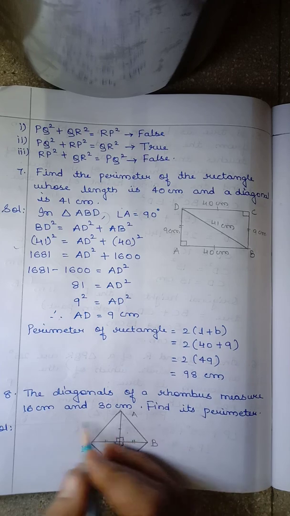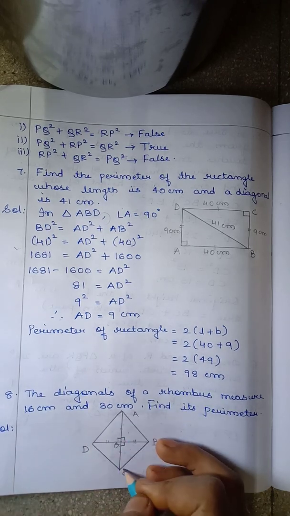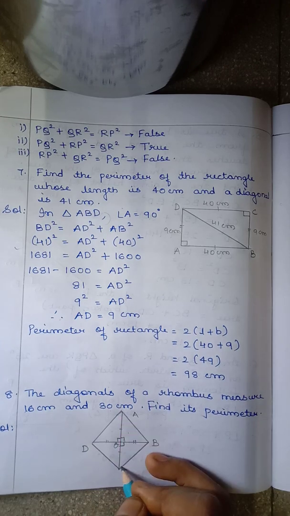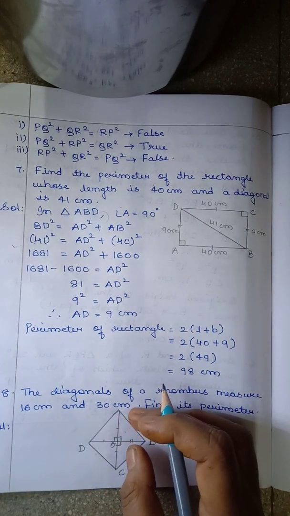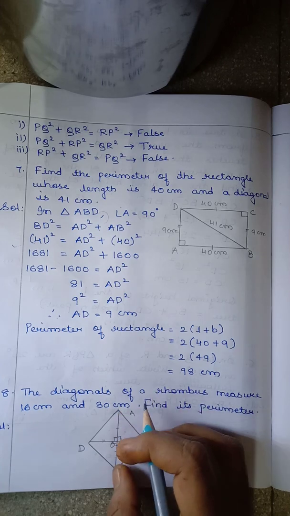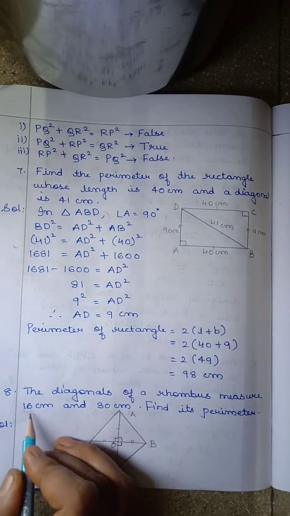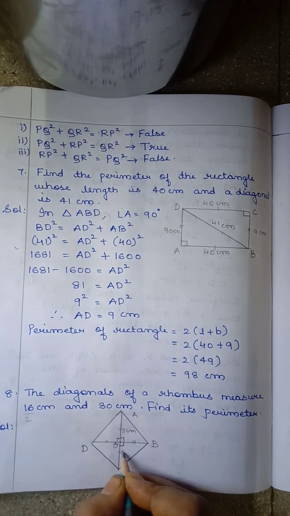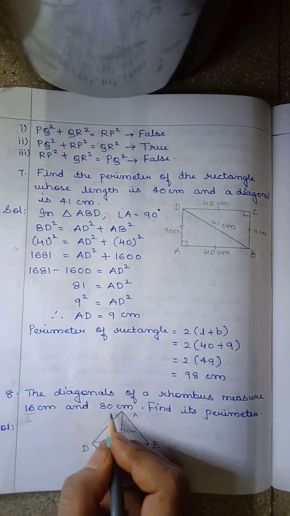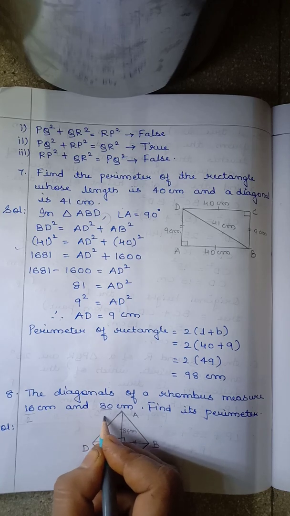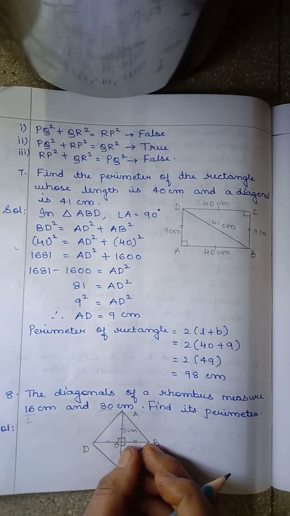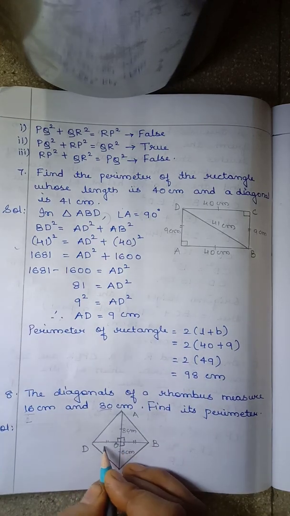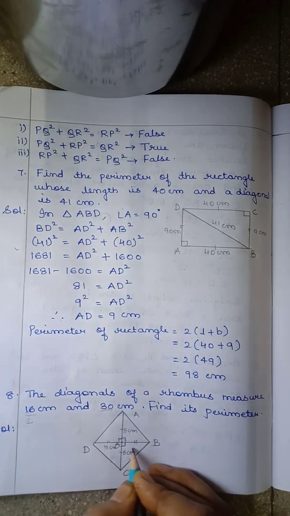Before that, the total length of the diagonal they have given. For example, if AC is 16 centimeter, we know that the diagonals bisect each other, that is AO is equal to OC. So 16 divided by 2, each will be 8 centimeter. And if we take BD as 30 centimeter, 30 divided by 2, because DO is equal to OB, property of the rhombus, diagonals bisect each other, each will be 15 centimeter.